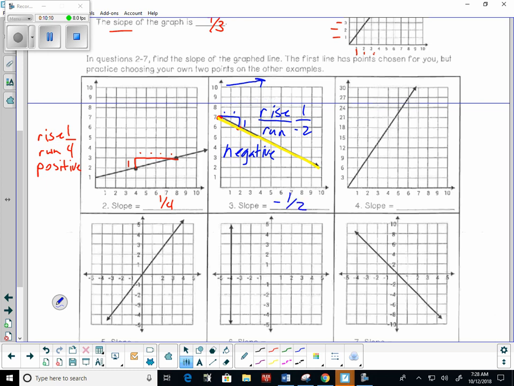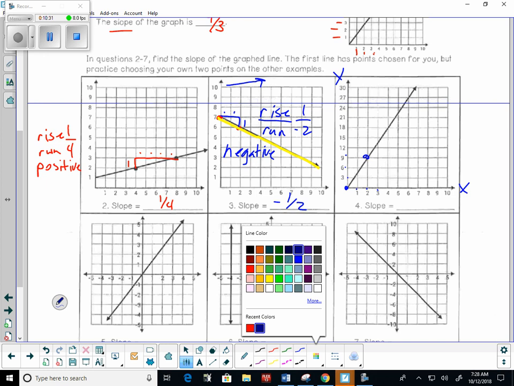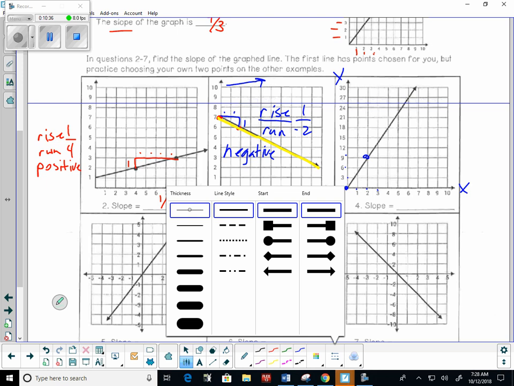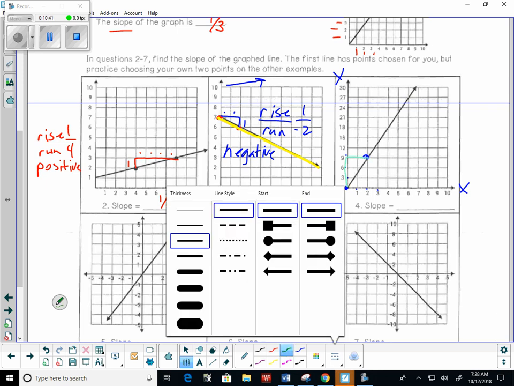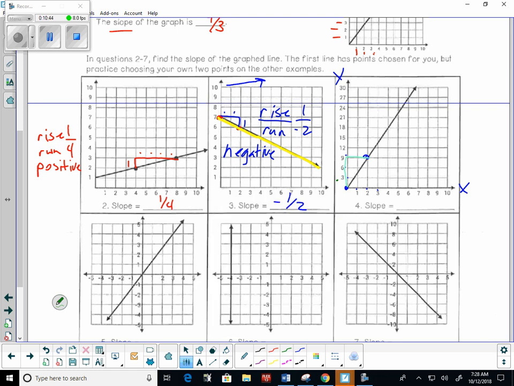Okay, again, you're going to have to find two good points. It looks like we began at the origin here. Looks like that's another one. We can see that our x value counts by ones. 1, 2, 3. Our y value does not do that. Our y coordinate's going to count by threes. So we're going to make a right triangle. And we're going to look and see how we rise. 3, 6, 9.